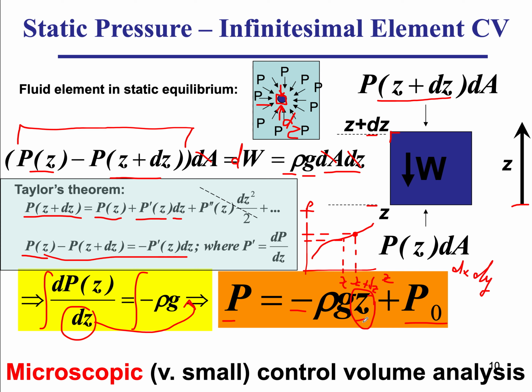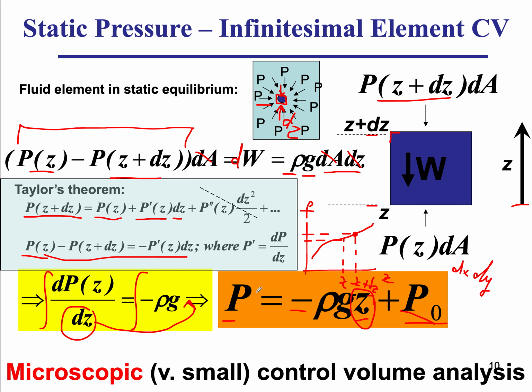You have the freedom to place where your origin, that is z equals 0, is going to be within the fluid. So you can put it at level 1, level 2, level 3. And a smart choice would be at a level where you know what P0 is. From this relationship, if I set z equals 0, I get the pressure equal to P0.